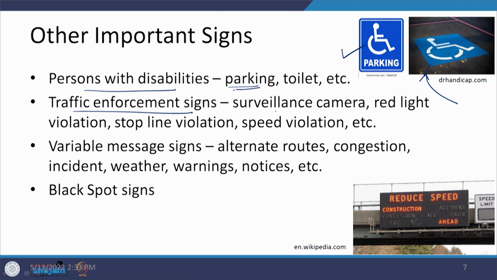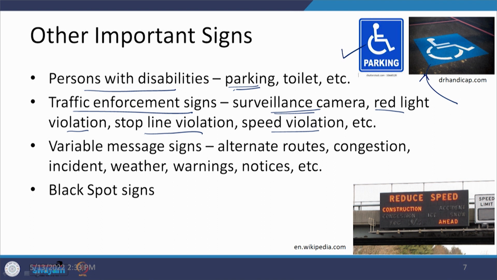Say there are CCTV cameras installed. If there is any sort of violation that we capture, say a red light violation, where the red light is there but the driver is not looking at it and just moves ahead, or a stop line violation, where the vehicle should stop before the stop line but moves ahead, or a speed violation, because on a particular route or section it says the speed should not be more than 60 or 80 kilometers per hour, and you move at more than that. In all such cases we are going to enforce it through such a system.